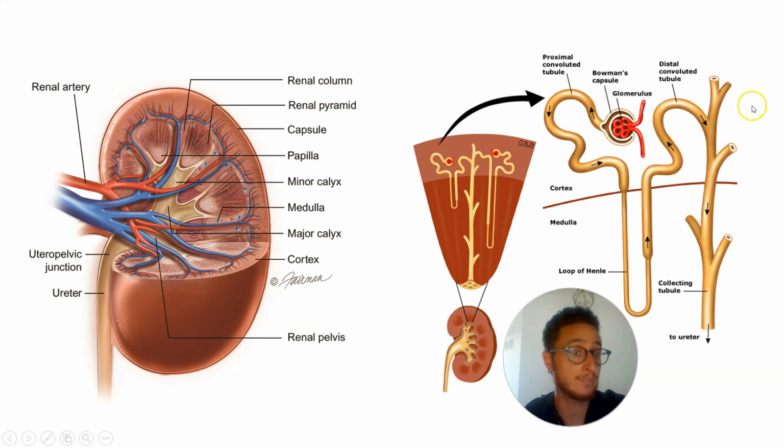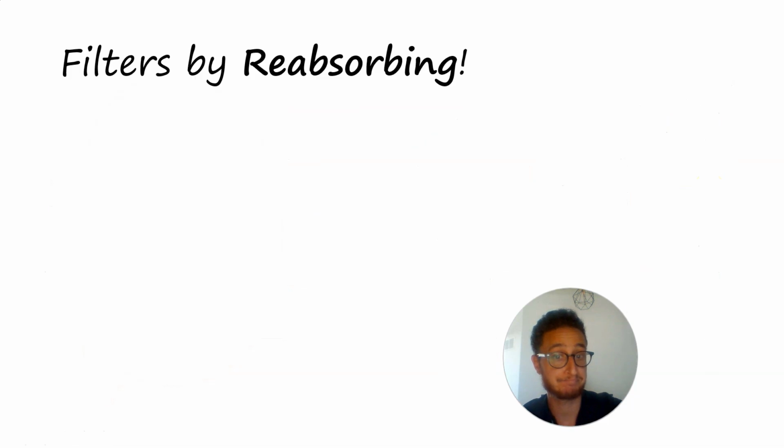So here's a really simplified diagram of what one single nephron might look like. All of these cut off edges here would each be connected to yet another nephron, and they're all draining into these collecting ducts heading out of the body through the bladder and then the urethra.